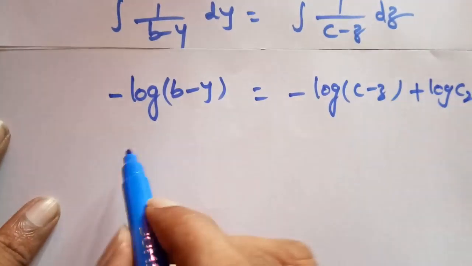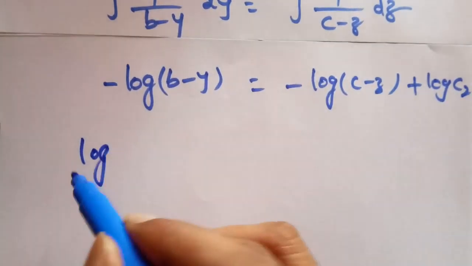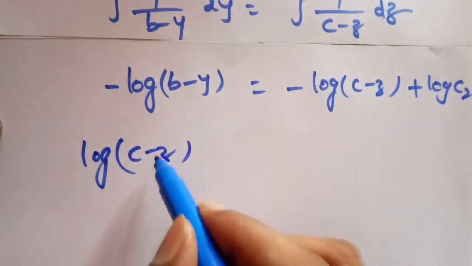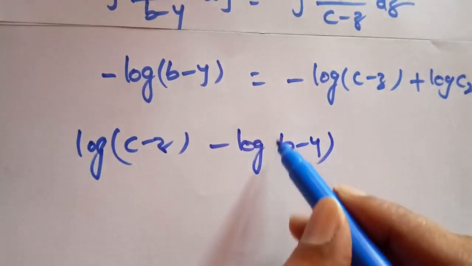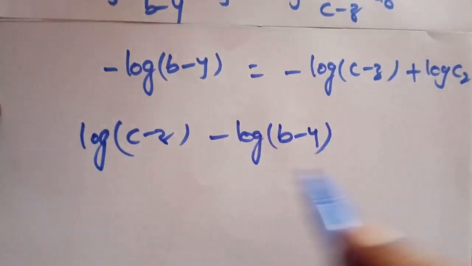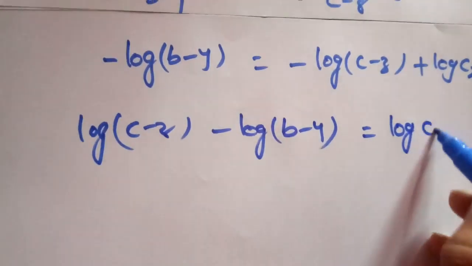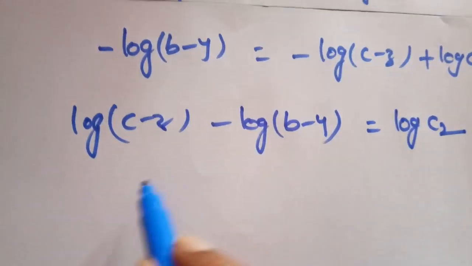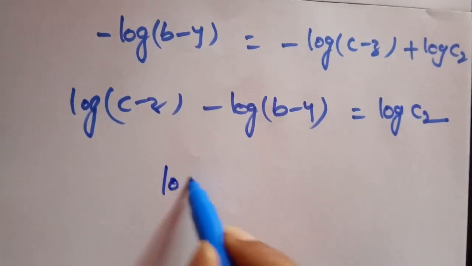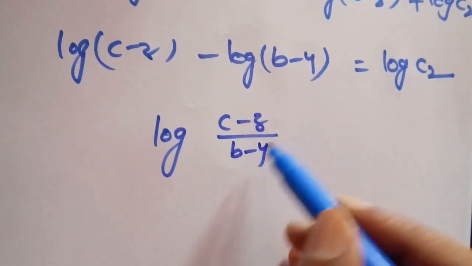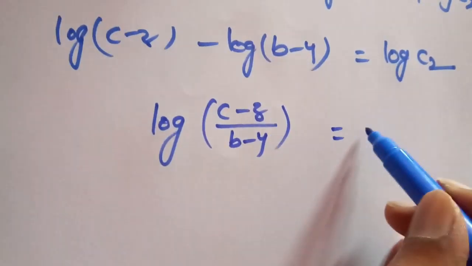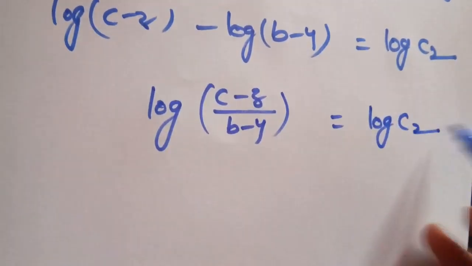Therefore, this can be written as log of c minus z minus log of b minus y is equal to log of c2. Therefore, by using the formula log a minus log b is log of a by b, log of c minus z by b minus y is equal to log c2.